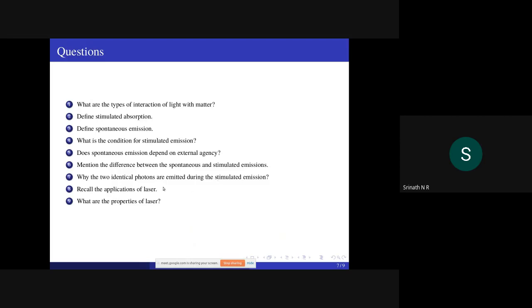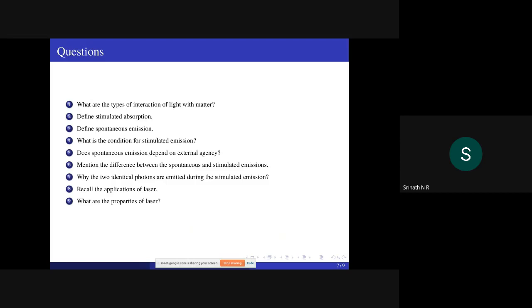Recall the applications of laser. One can observe in the above slides the properties of laser. The properties of lasers are: monochromatic, because the atoms decay from the same energy level. Highly directional, because the laser is due to stimulated emission, therefore it maintains a highly directional beam.